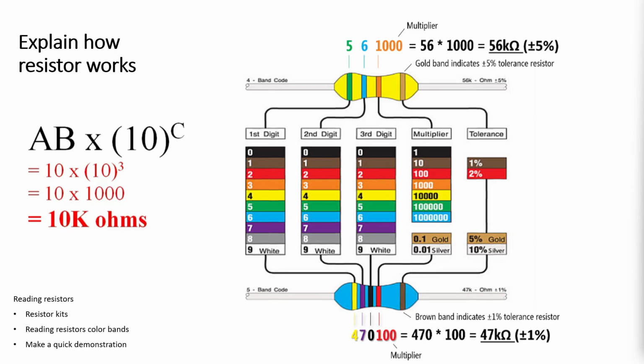Here you have, for example, 56 kilo ohm plus or minus 5%. The 5% comes from the last color, which is the gold band. We can do the same with a resistor in person.